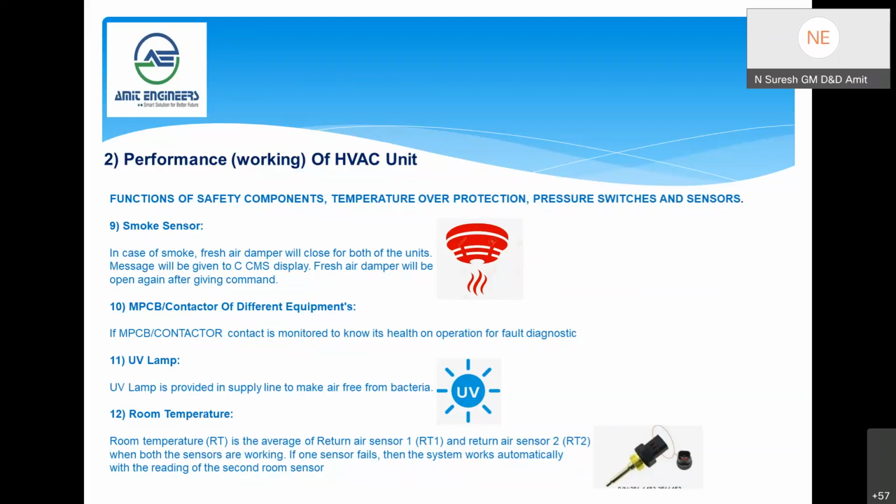So there are three temperature sensors: return air, supply air, as well as fresh air. Regarding supply air temperature, if the temperature goes more than 85, it will switch off the heaters, and if the temperature goes below 5 degrees, it will switch off the compressors, to protect against any heat or cold shock inside the coach.